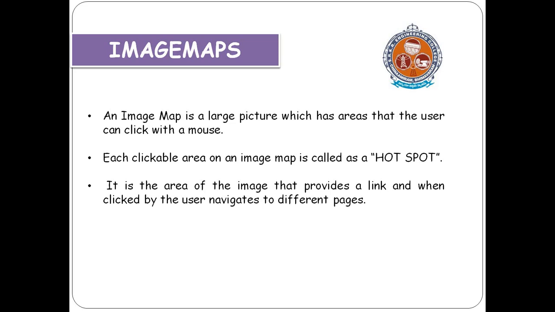Whenever you click on the image, it will open in another browser window or on another page. It is the area of the image that provides the link, and whenever clicked by the user, it navigates to different pages.